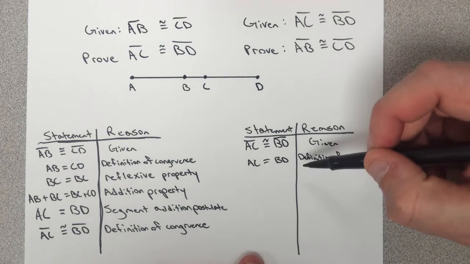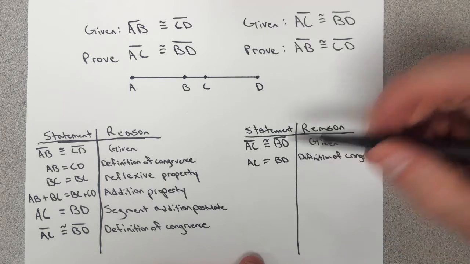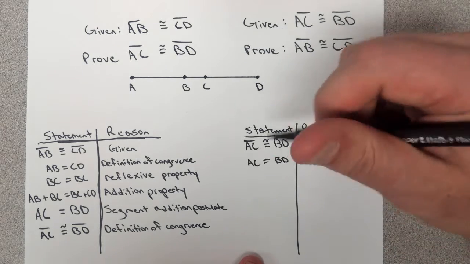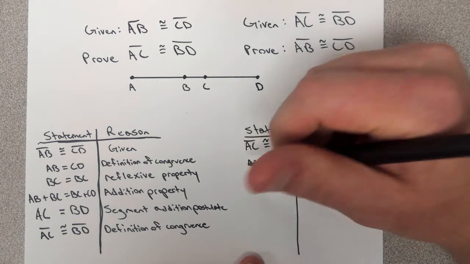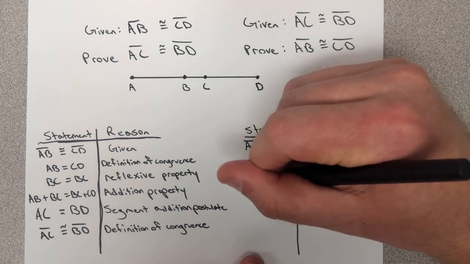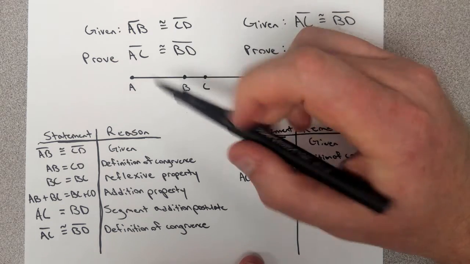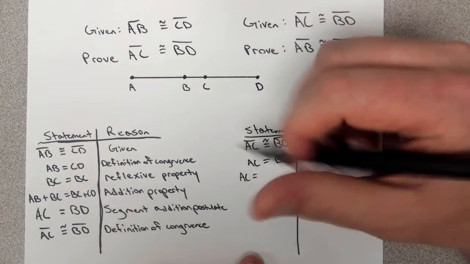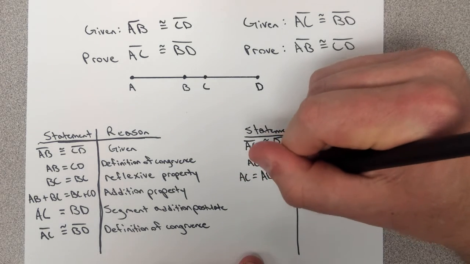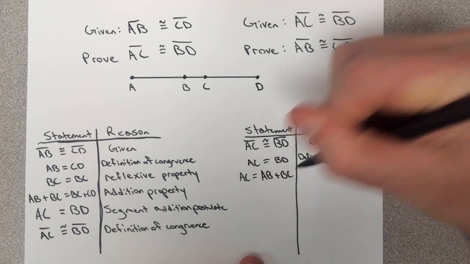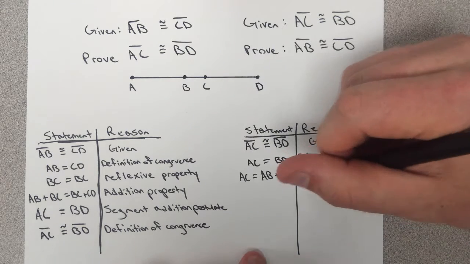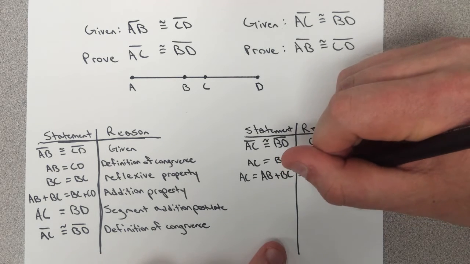Now, we need to make a couple of statements about this. First, we could say that AC is equal to AB plus BC. That is another statement of the segment addition postulate.